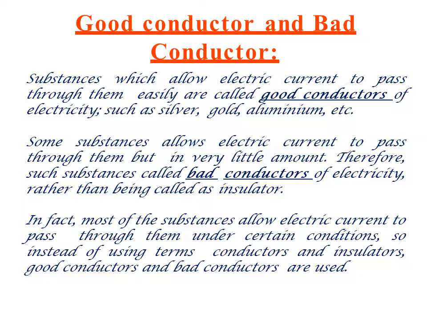Then we will move on to what we mean by good conductors and bad conductors. Substances which allow electric current to pass through them easily are called good conductors, such as silver, gold, aluminum, even iron also. And some substances allow electric current to pass through them but in a very little amount.